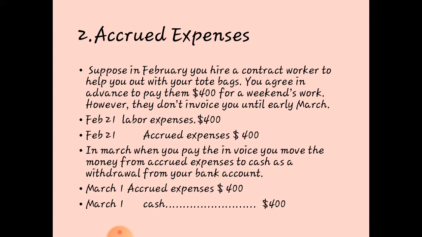You agree in advance to pay them $400 for a weekend's work. However, they don't invoice you until early March. Now, labor expense is debit and accrued expenses is credit. In March, when you pay the invoice, you move the money from accrued expenses to cash as a withdrawal from your bank account. Now, accrued expenses is debit and cash is credit.